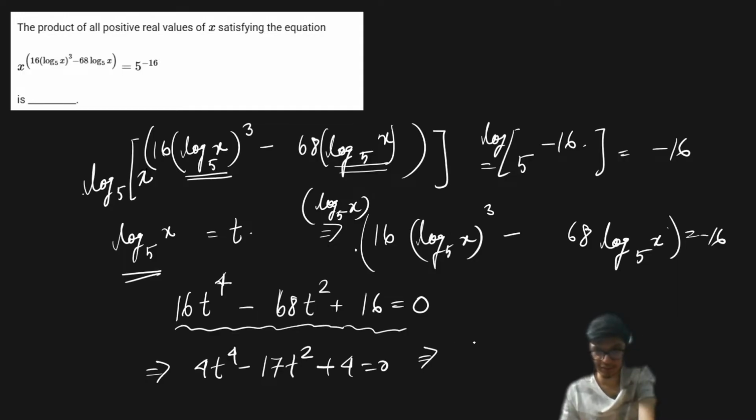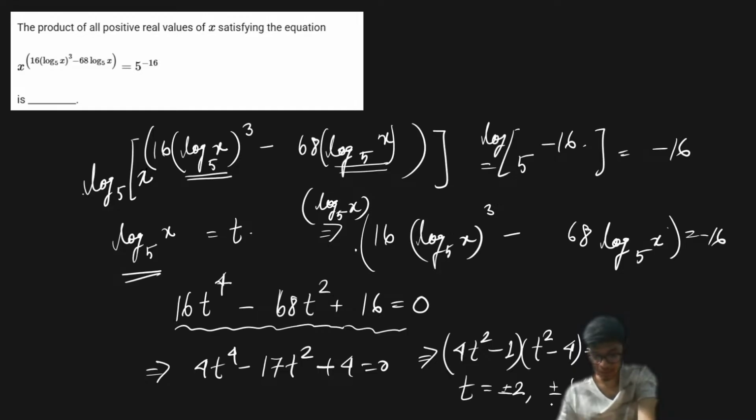Now I can factorize this as (4t square minus 1) multiplied with (t square minus 4) equals 0. So the required values of t are plus minus 2 or plus minus 1 upon 2.